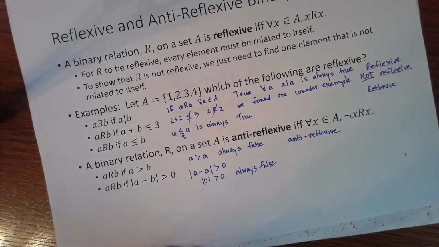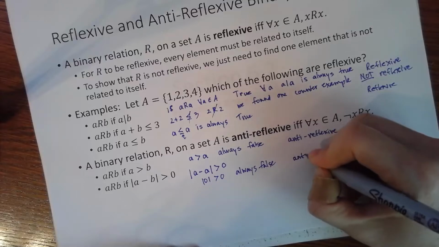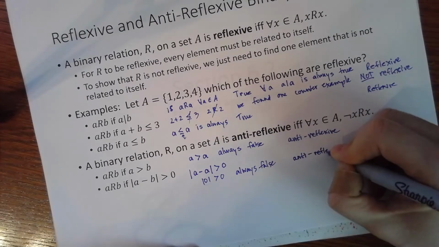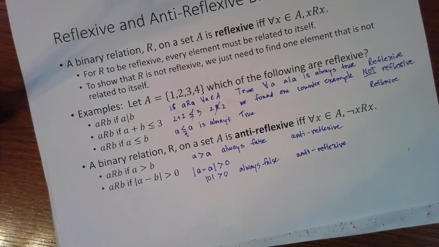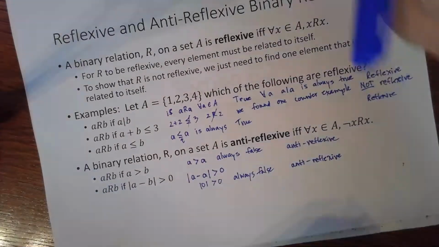So this one is also anti-reflexive. You can't find a single A that would be related to itself.